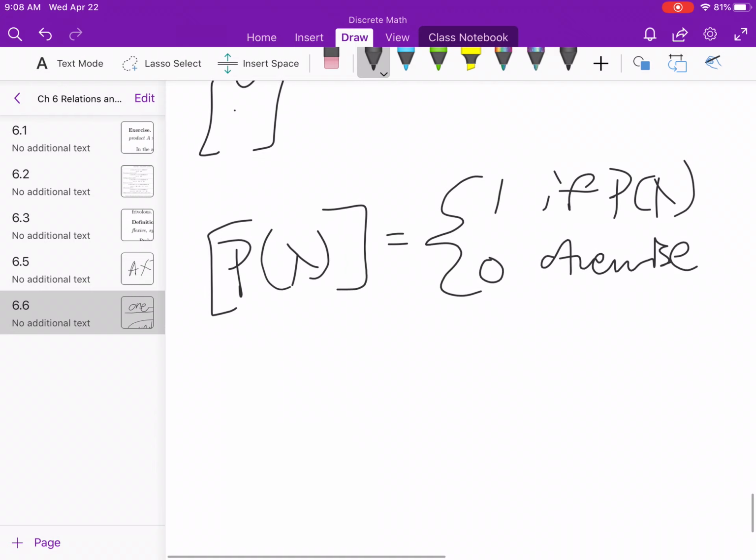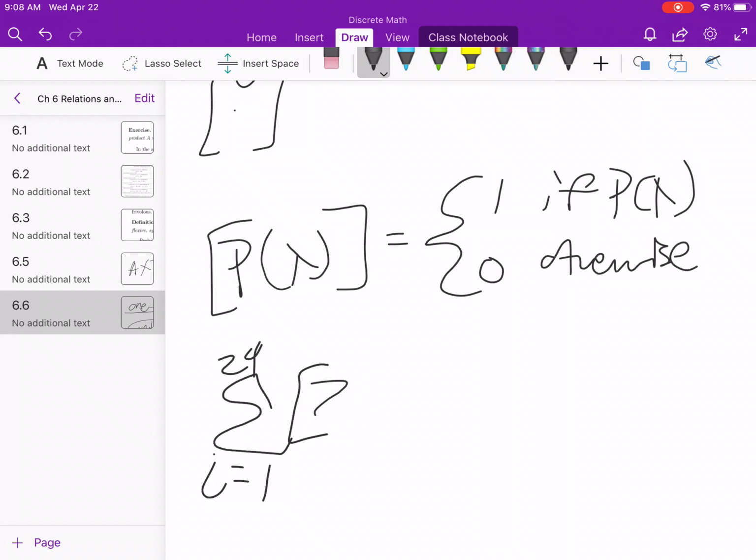And notice we can stick anything in here. An example they actually give is this. If I take I equal 1 to 24, and I do the Iverson bracket for 2 divides I, what does it actually give me?